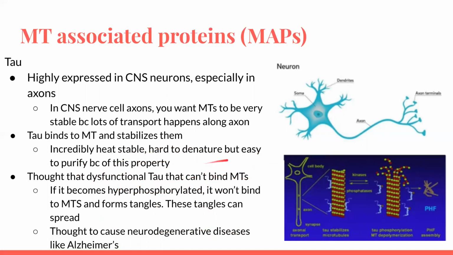When it doesn't bind microtubules, it tangles itself up, and these tangles can spread throughout the brain and cause a lot of problems, which is what eventually leads to Alzheimer's. A lot of research is happening right now figuring out how that happens and how to fix it.